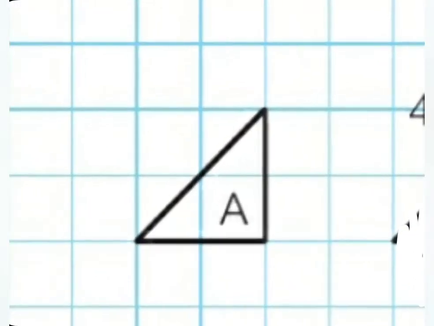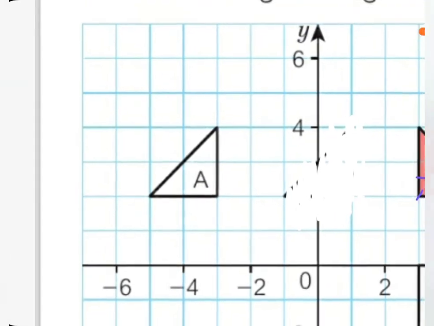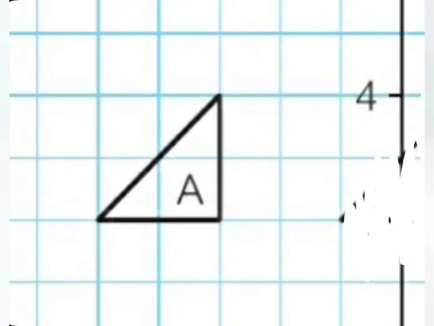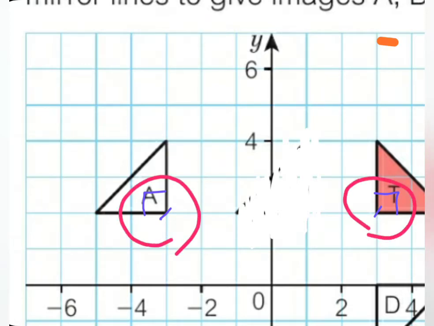Now, you come to the image and find the corresponding point which is the same. Now, this is the same point as we're talking about. It has a 90-degree. So, to be more clear here, we say that this point here is corresponding to this point, which is the same.